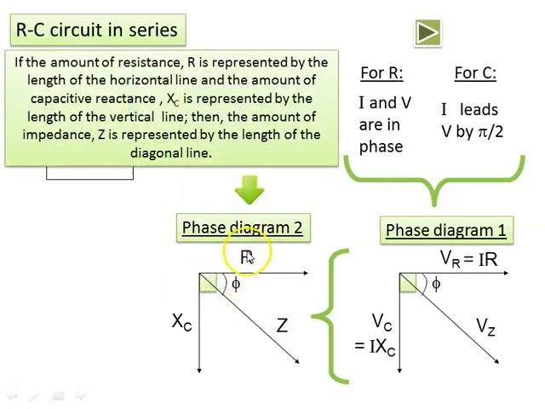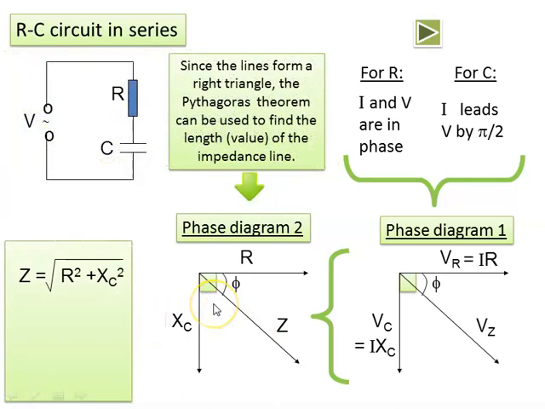So if the amount of resistance R is represented by the length of the horizontal line, and the amount of capacitive reactance XC is represented by the vertical line, then the amount of the impedance Z is represented by the diagonal line here. Since the lines form a right angle triangle, the Pythagoras theorem can be used to find the length value of the impedance line.